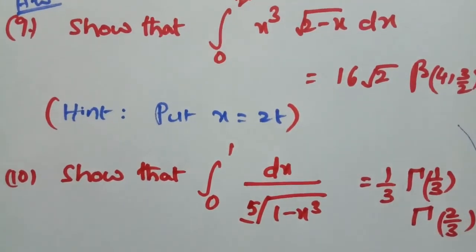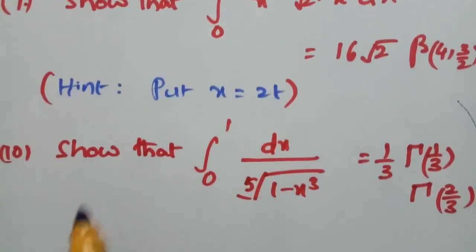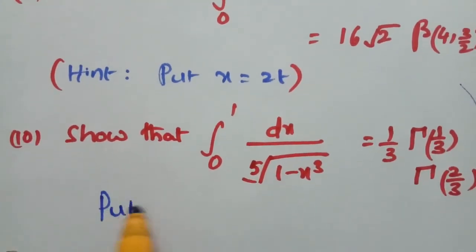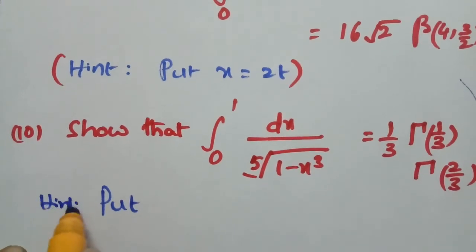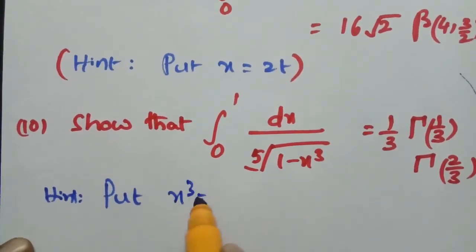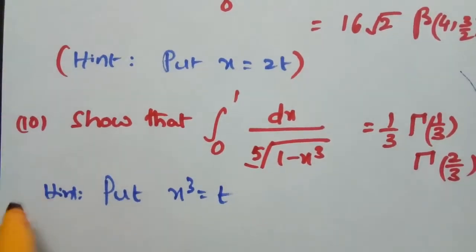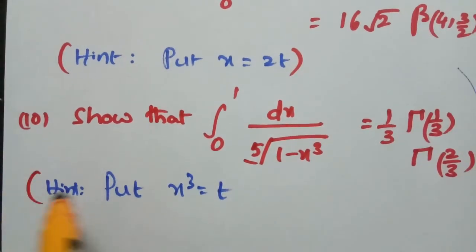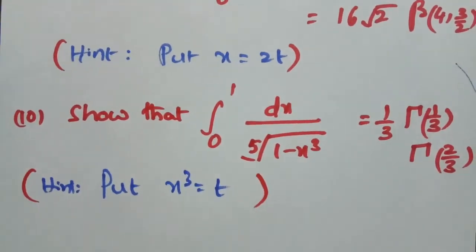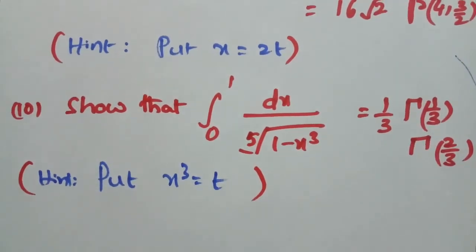Here assume that x cube is equal to t to get 1 minus t. This is also homework.